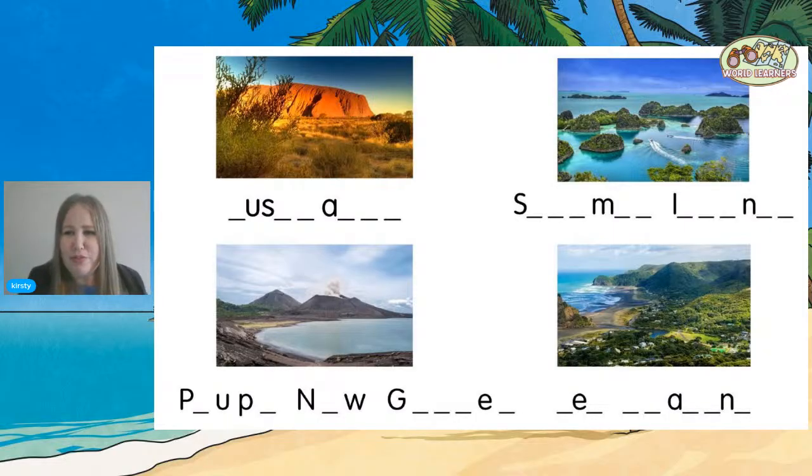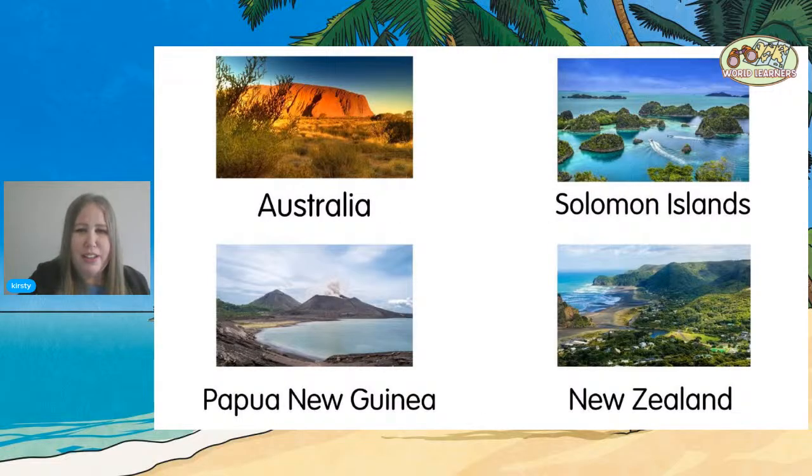Oh, Grace and Rose, well done. I think we're struggling with the last one, with the bottom right. Do we know? Oh, Ezra, well done. New Zealand, yeah. Let's double check. Did we get them all? Yeah, so we have Australia, the Solomon Islands, Papua New Guinea, and New Zealand.